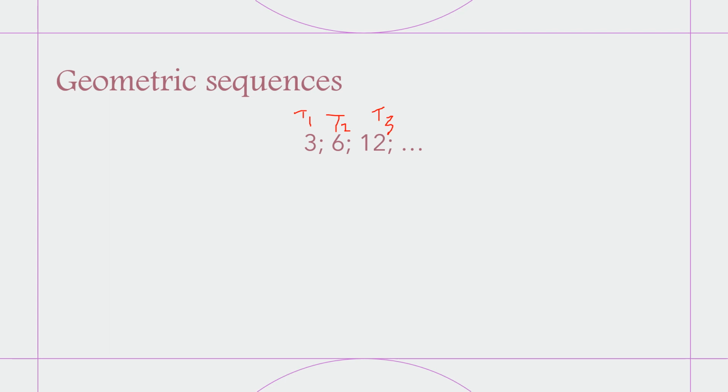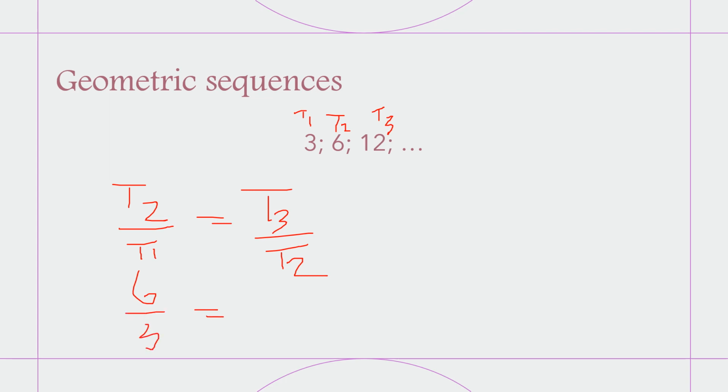Let's check whether the ratio between term number 2 and term number 1 is equal to the ratio between term number 3 and term number 2. What is the value of term number 2? Term number 2 is 6, and the value of term number 1 is 3. This is equated to the value of term number 3, which is 12, divided by term number 2, which is 6.